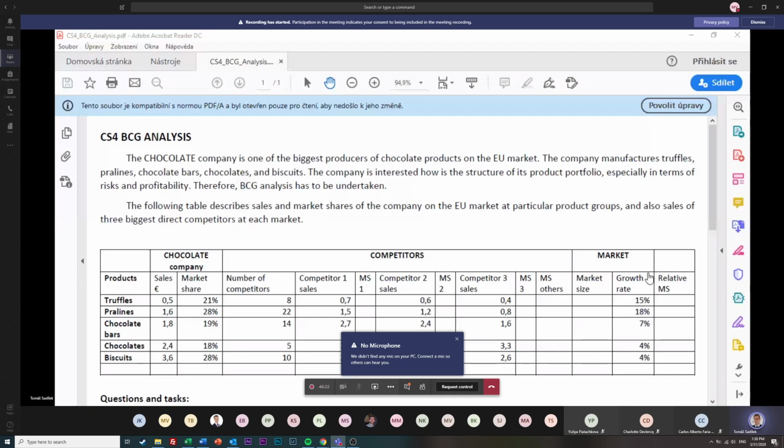I'm trying to show it to you, if it works. Yes, BCG student. So all of you can see it now.